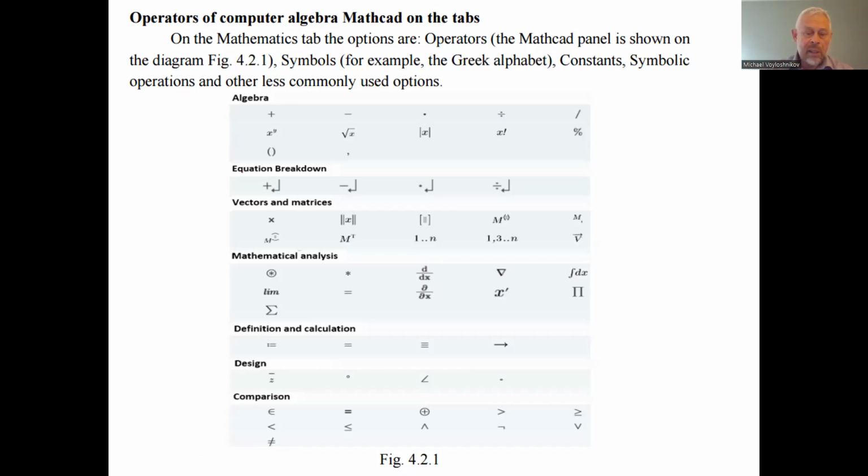So this is the table of the panel of operators of Mathcad.